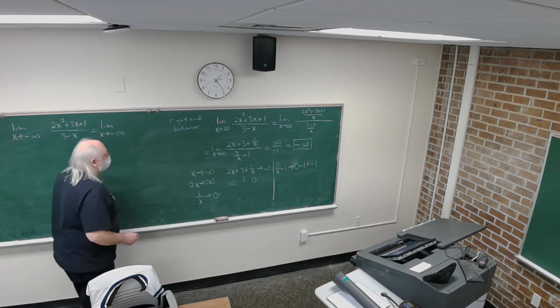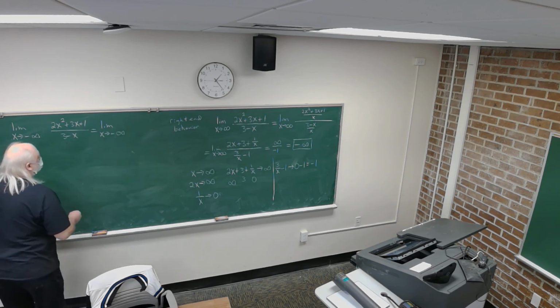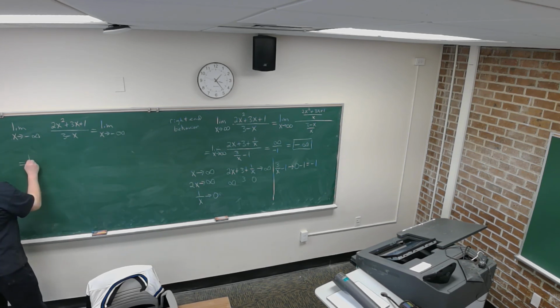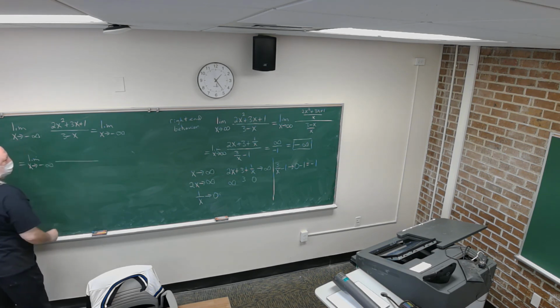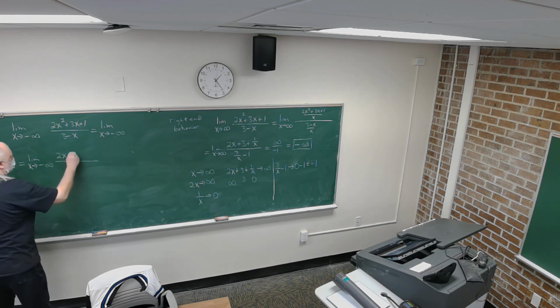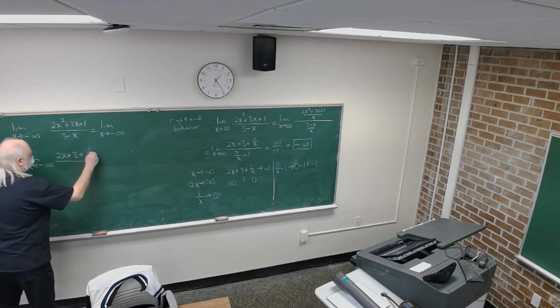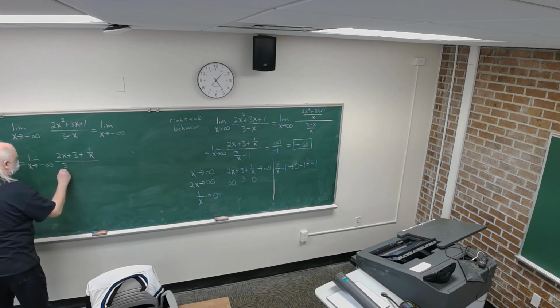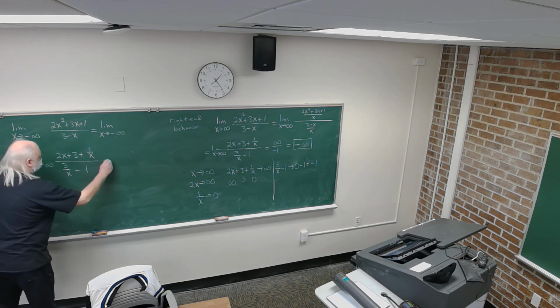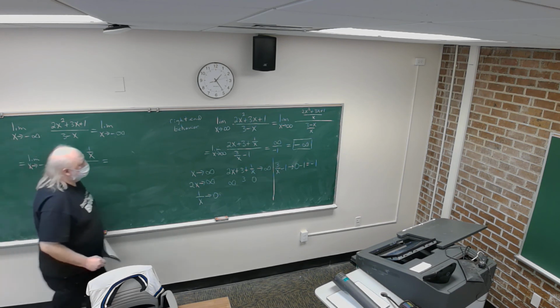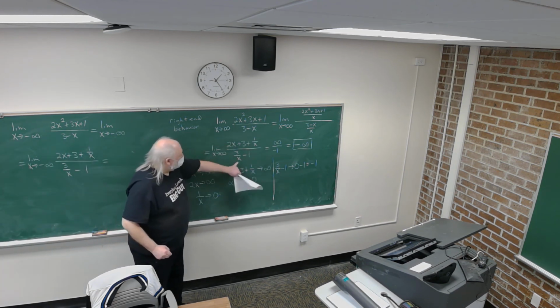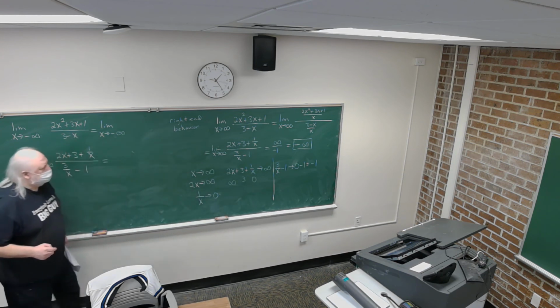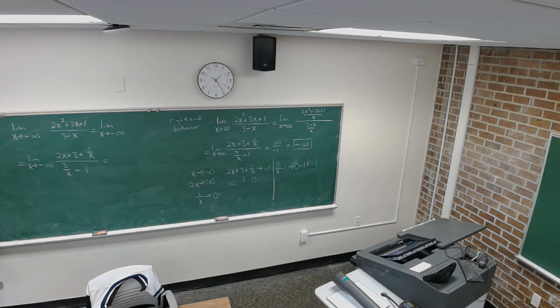So we can skip those steps. And we have 2x plus 3 plus 1 over x, over 3 over x minus 1, right? So I went from here to here. Don't have to reinvent the wheel.